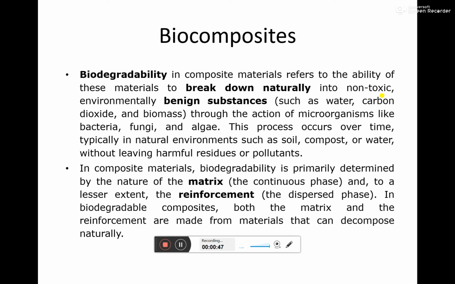Biocomposites are related to biodegradability.